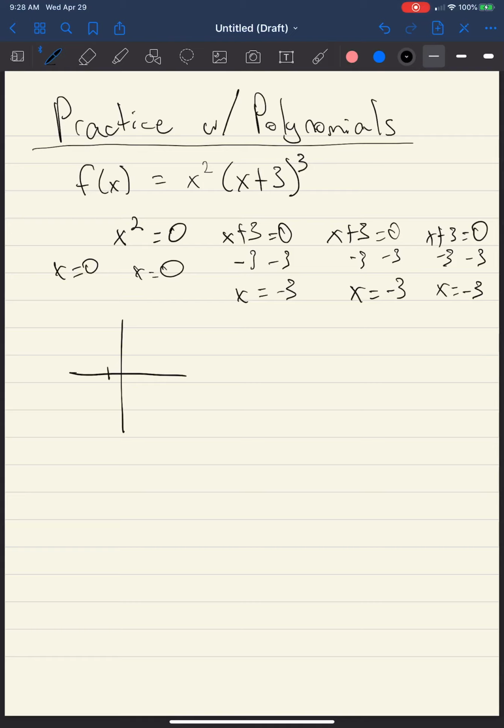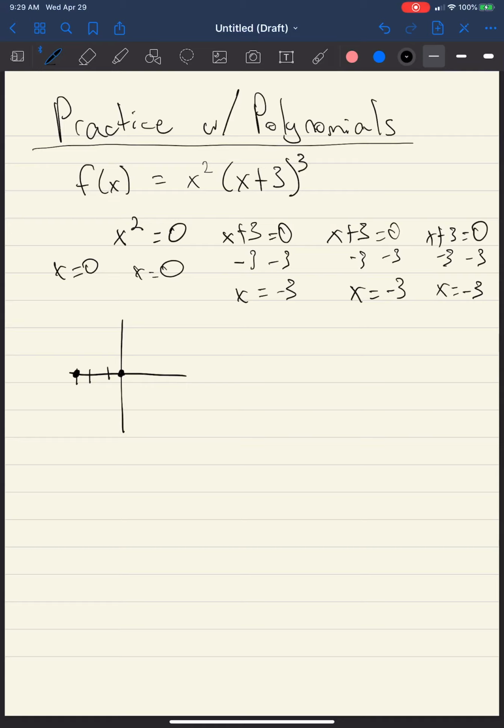We know there are only 2 x values here, 0 and negative 3. Now we have to decide: is it going through, is it bouncing off? And then we have to find our end behavior and everything.